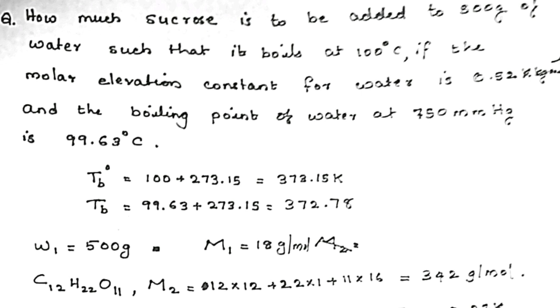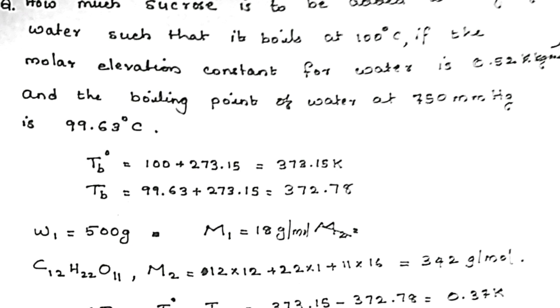That is, 12 carbons are there with atomic mass 12, so 12 into 12, plus hydrogen 1, and 22 hydrogens are there, so 22 into 1, plus oxygen, 11 of them are there and the atomic mass of oxygen is 16, so 11 into 16. On calculating this, you are getting 342 gram per mole as the molar mass of sucrose.